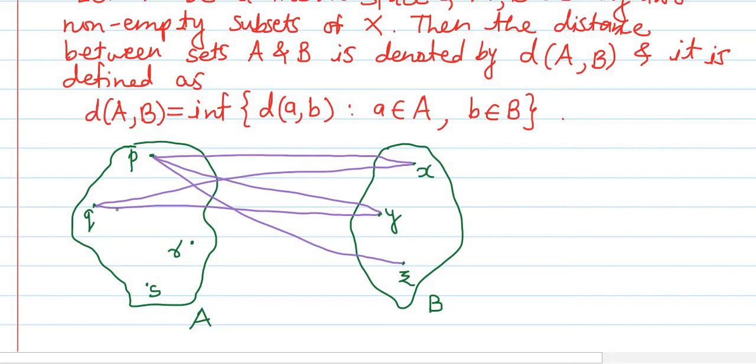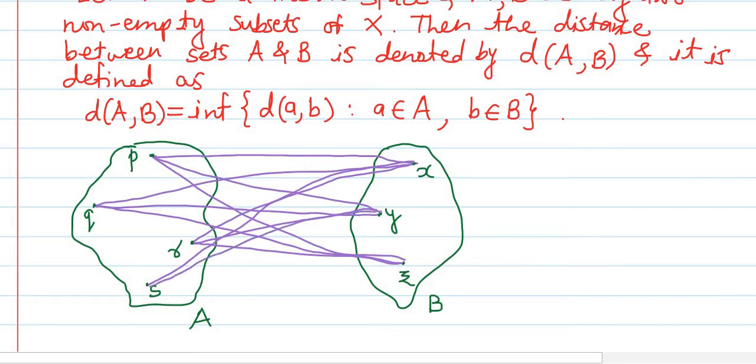Next, the distance of Q from the point Z I am showing here. Now the distance of point R from the point X is as such. Next, the distance of point R from point Y is shown here. Next, the distance of R from the point Z is this. Next, the distance of point S from the point X is this. Next, the distance of point S from the point Y is this. And finally, the distance of point S from the point Z is this.